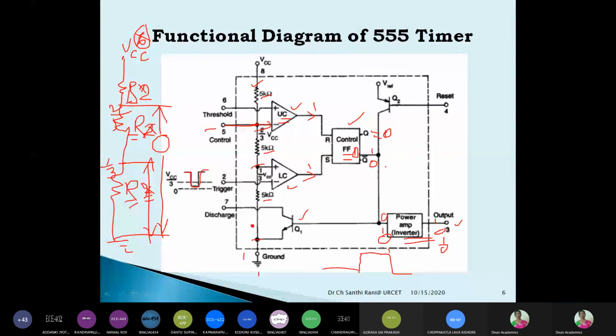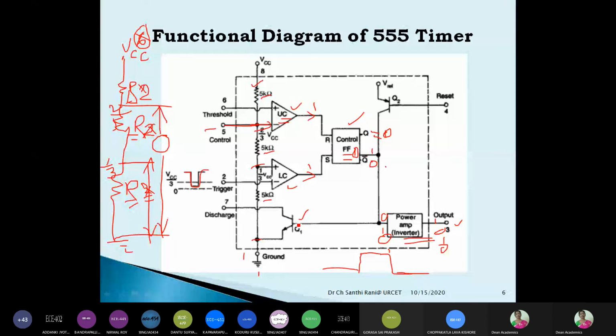Like that, the output of the 555 timer is available at pin 3. Now when it is 0, again the same thing, right? So it will be changing. When this is 0, output will be at 0. Now when it is at the 0 condition, it will be like an open circuit.